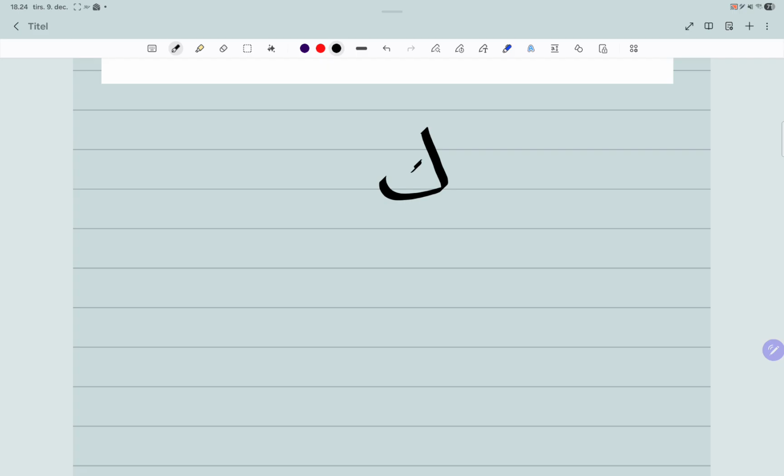Kaf sounds very closely to the letter we learned just before, Qaf, but it's not the same letter. It sounds very different. Kaf, you say from the upper part of your mouth, while Qaf was the last part of your mouth at the top end or upper end of your throat.